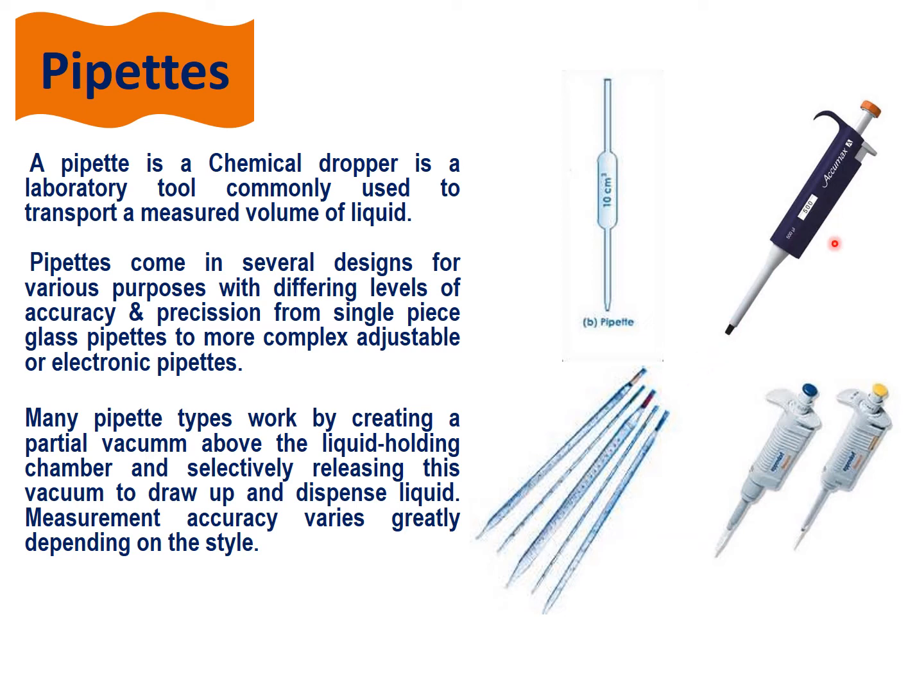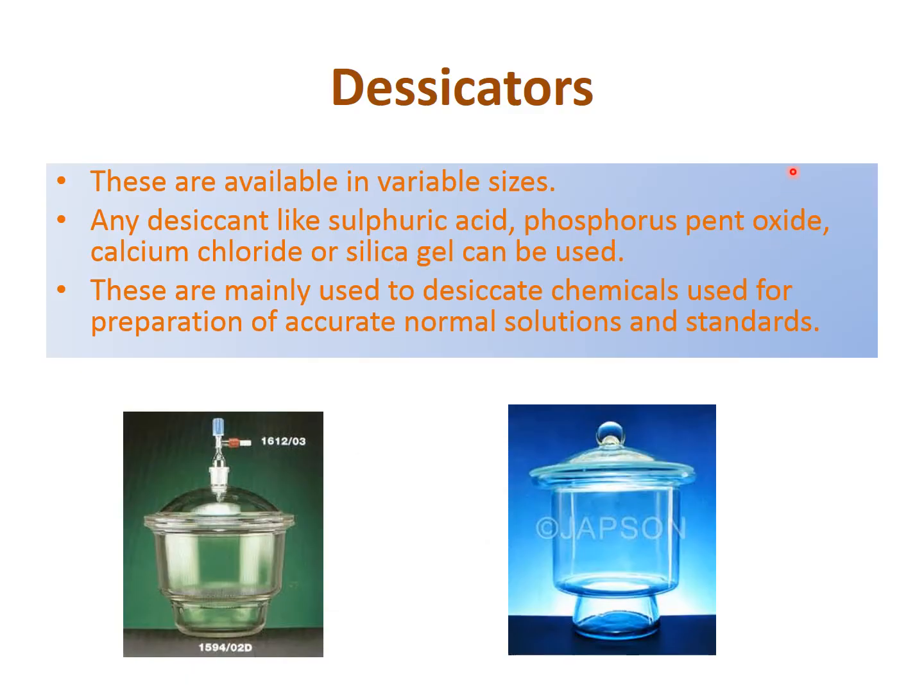Nowadays we also have this type of pipettes, known as auto pipettes, where we set the volume. You can see here it is 500 microliters, so we can set the volume and drop the accurate volume required.